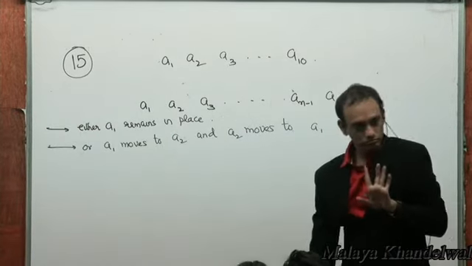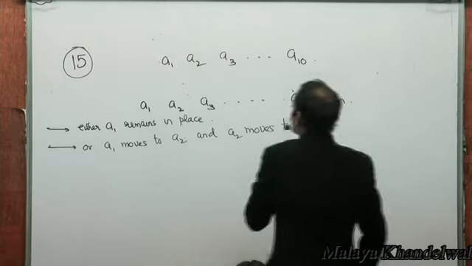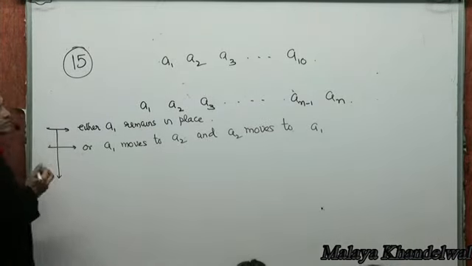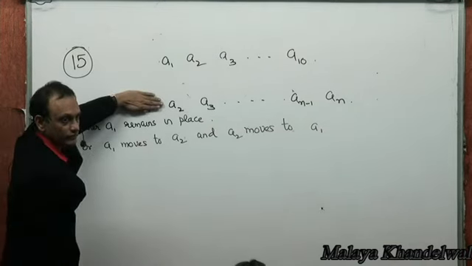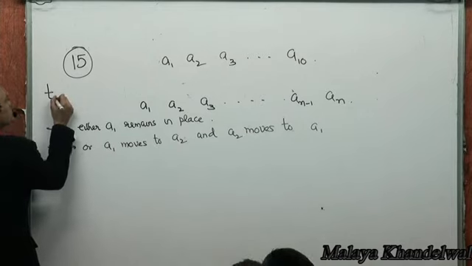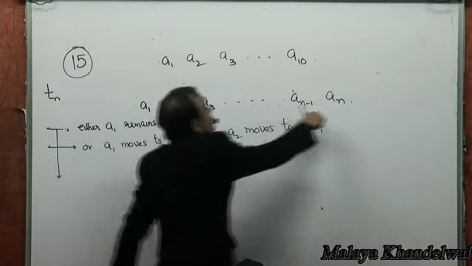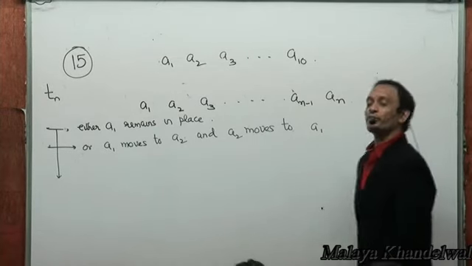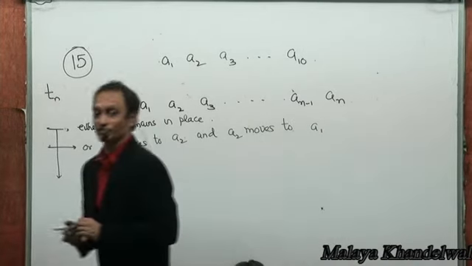Yes or no? Now, suppose A1 remains in position. And suppose if there are n children, there are Tn number of ways of rearranging all of this.